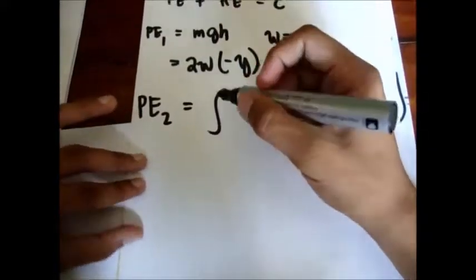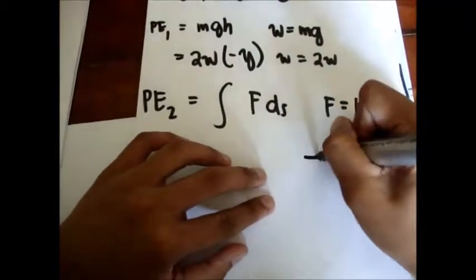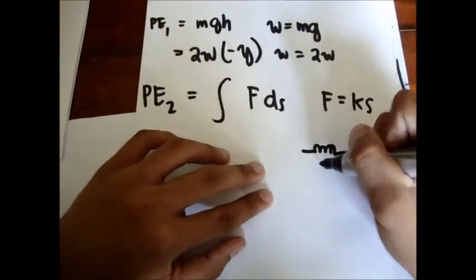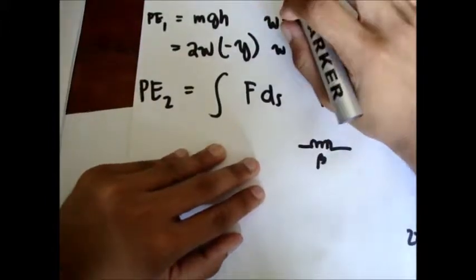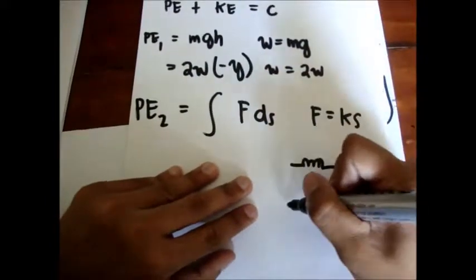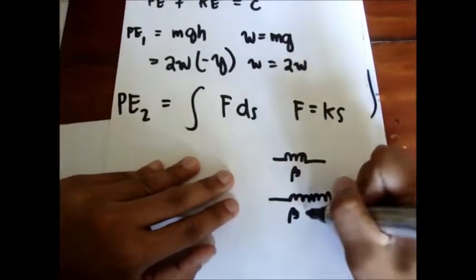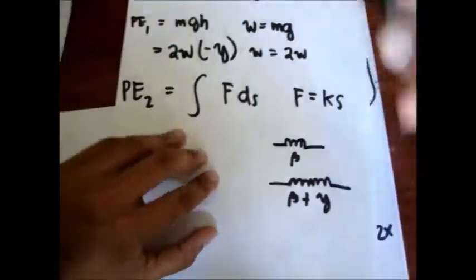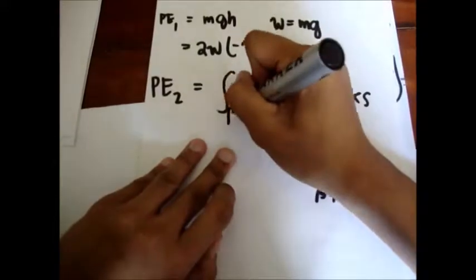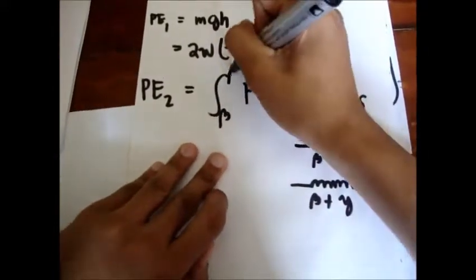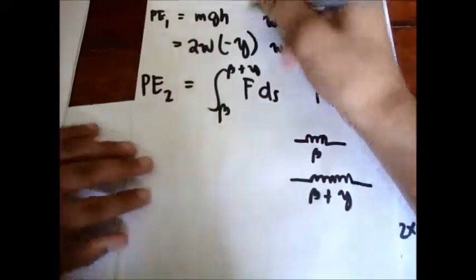Our limits here are from beta, the unstretched spring, to beta plus y as it is stretched.